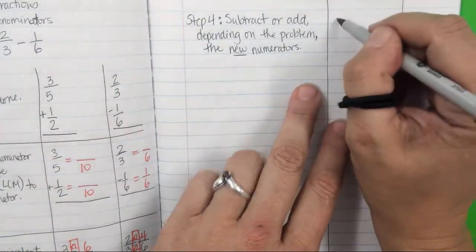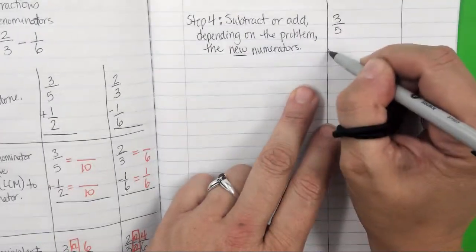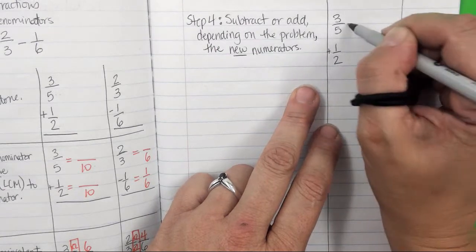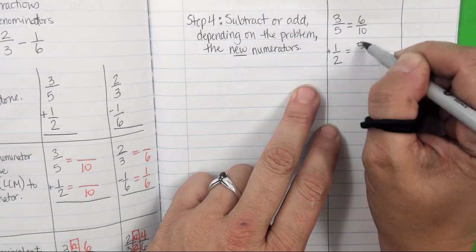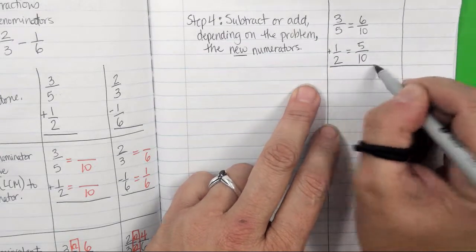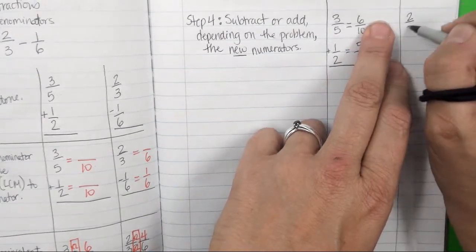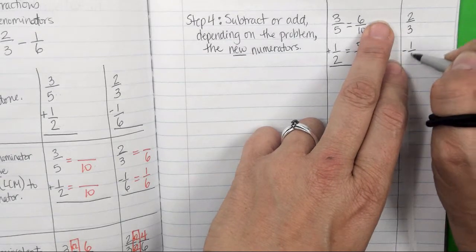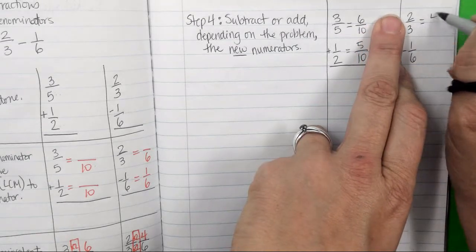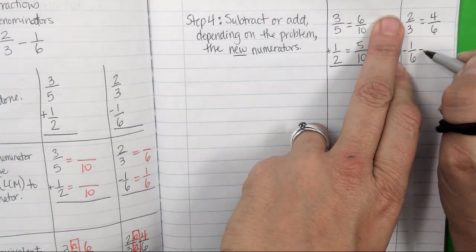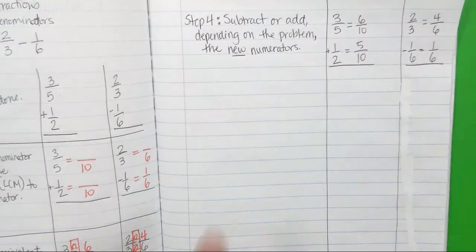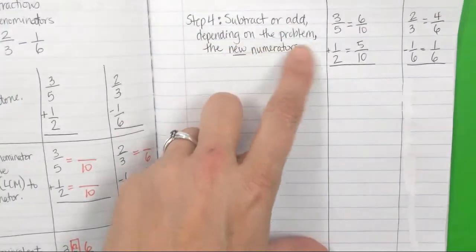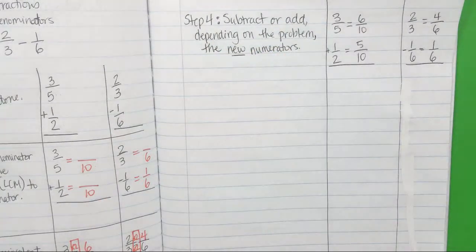Okay, so we've got 3 over 5 plus 1 over 2, which equals 6 over 10, and 5 over 10. And then on the other side, we've got 2/3 minus 1/6, which equals 4/6 minus 1/6. All right? So this says subtract or add, depending on the problem, the new numerators.